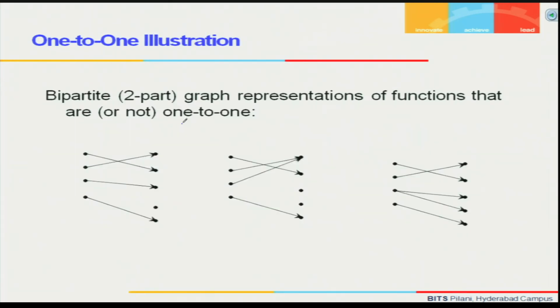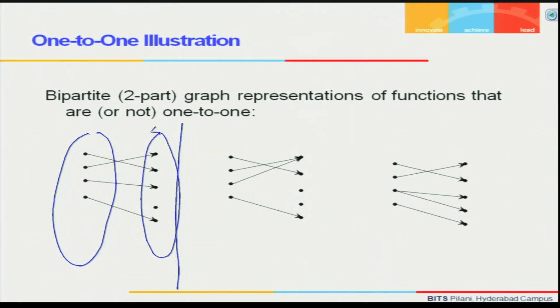We will take this function, whether it is a one-to-one function or not. What I mean here is, this is your domain, this is your codomain. Say this is A, this is B, and each element of this is being mapped to an element of B. Then we will see whether they are one-to-one or not.